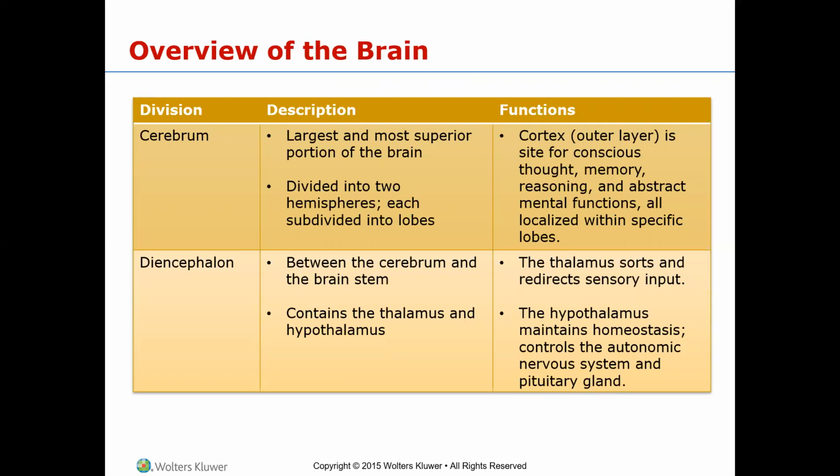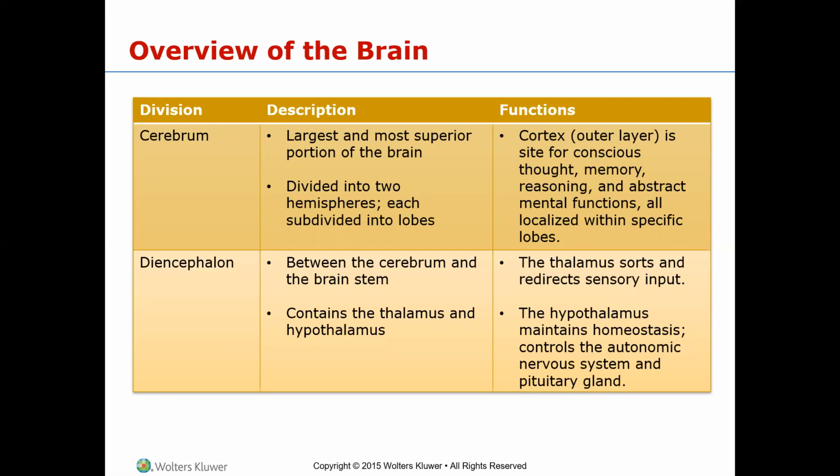The brain has the cerebrum, which is the largest portion of the brain, and it's common what you envision for the brain to look like. You're probably envisioning the cerebrum, and it has two lobes or two hemispheres, and those are divided into lobes, which I will look over.